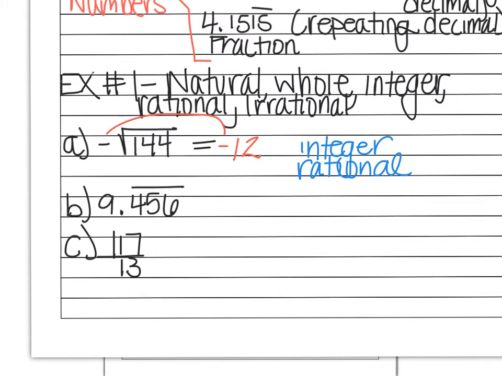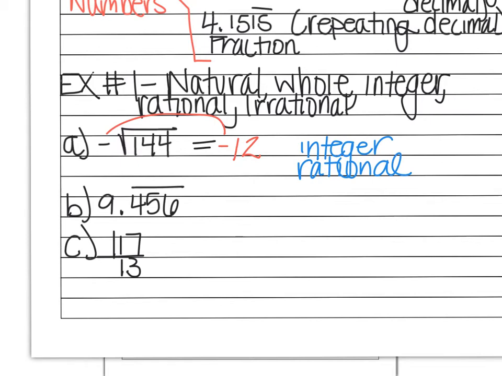They're also integers. So it's not irrational, doesn't fall into that category. It can't be a whole number because whole numbers are not negative. And it can't be natural because, again, natural numbers cannot be negative. So the only two possible choices are that it's an integer and it's rational.